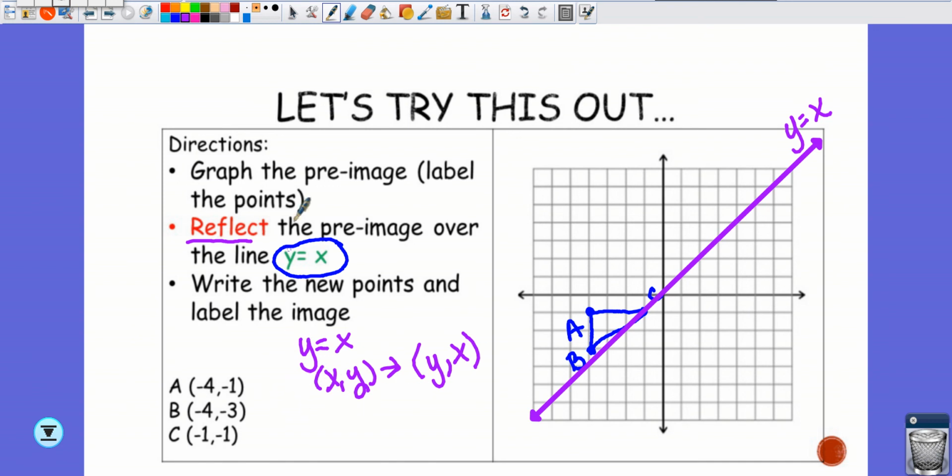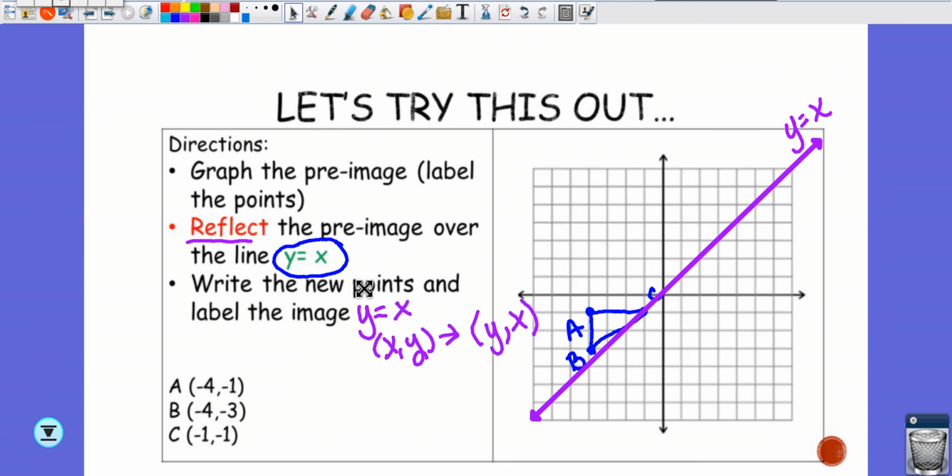So to get A prime, hold on, let me move this up. To get A prime, I need to take -4 and -1 and just switch them.